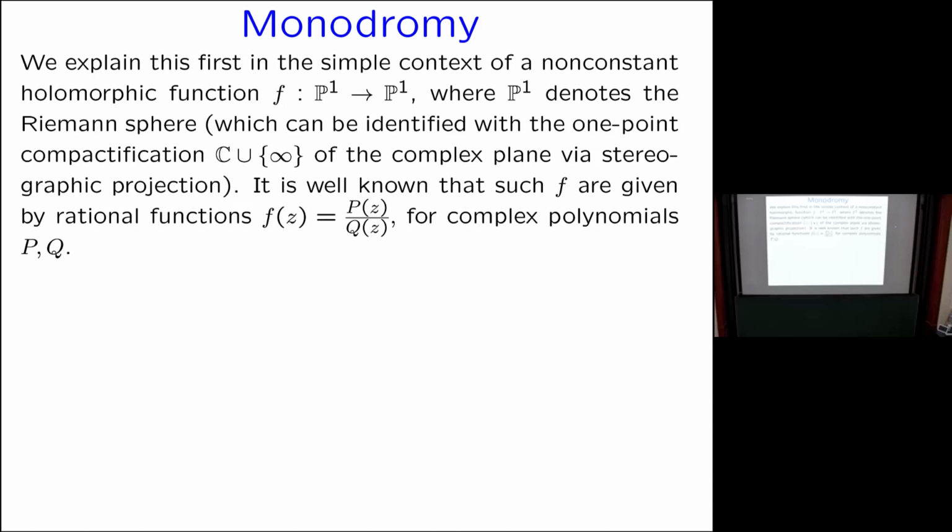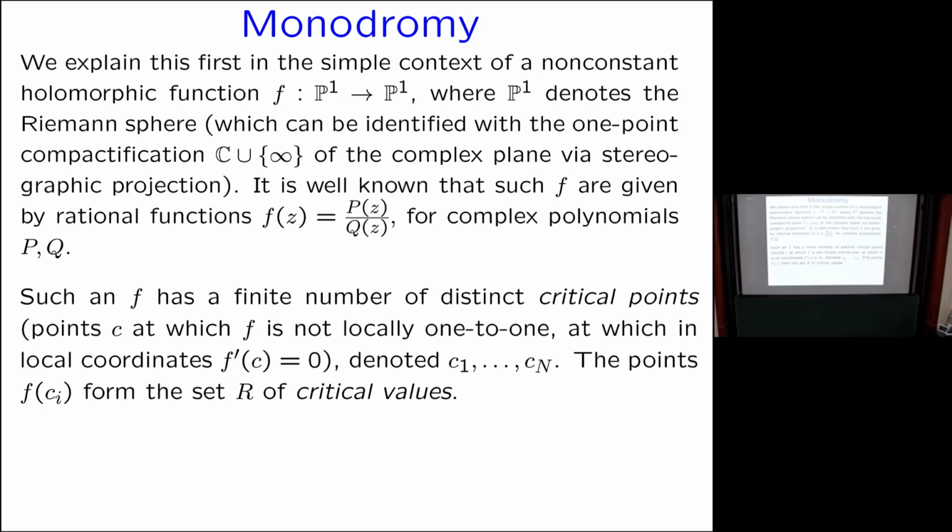That's a little bit confusing because q of z can be 0, in which case at that z, f has a pole. But as a function from the Riemann sphere to itself, it's still holomorphic. It doesn't matter that it has a pole. It's just that a pole will get mapped to infinity.